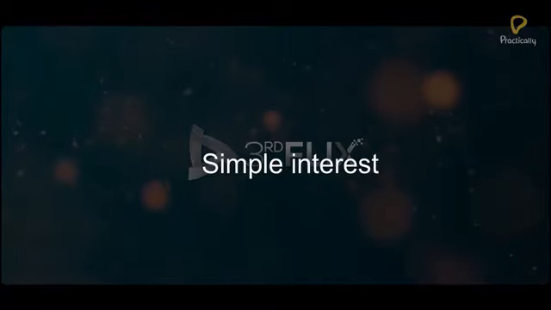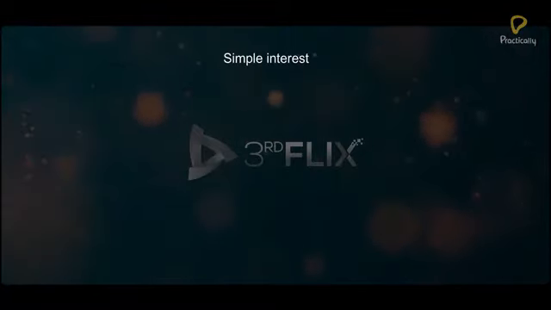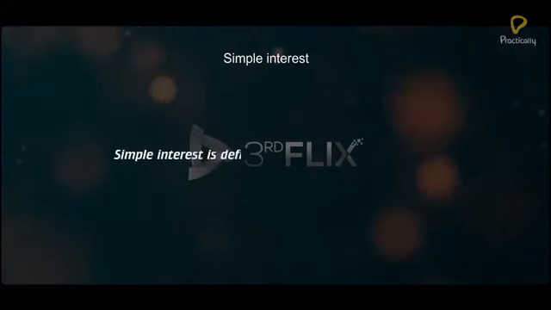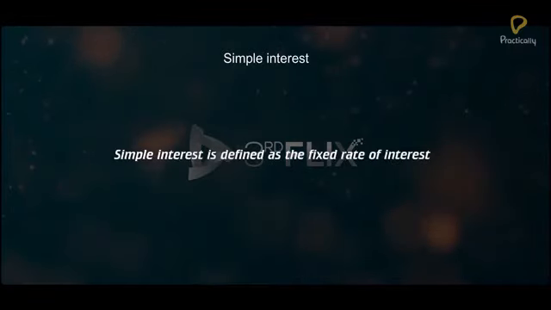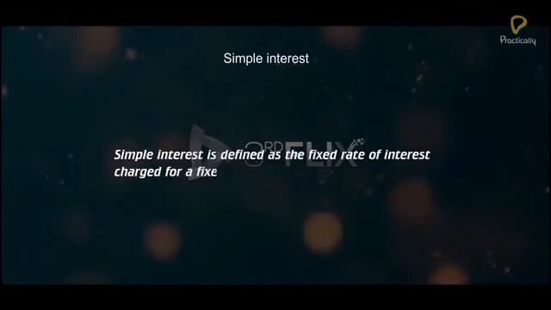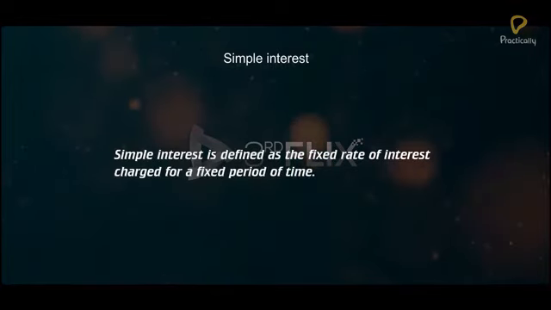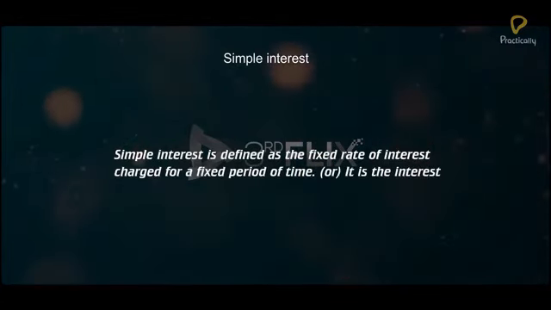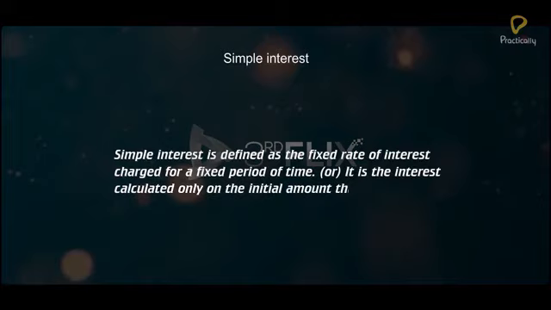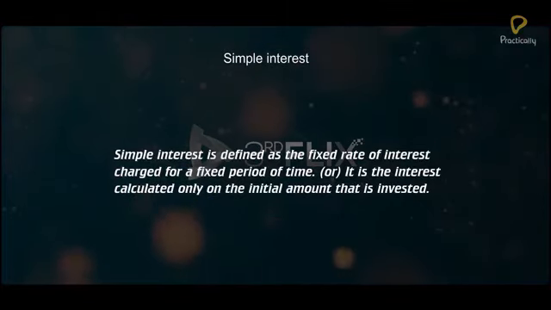Simple interest: simple interest is defined as the fixed rate of interest charged for a fixed period of time, or it is the interest calculated only on the initial amount that is invested.